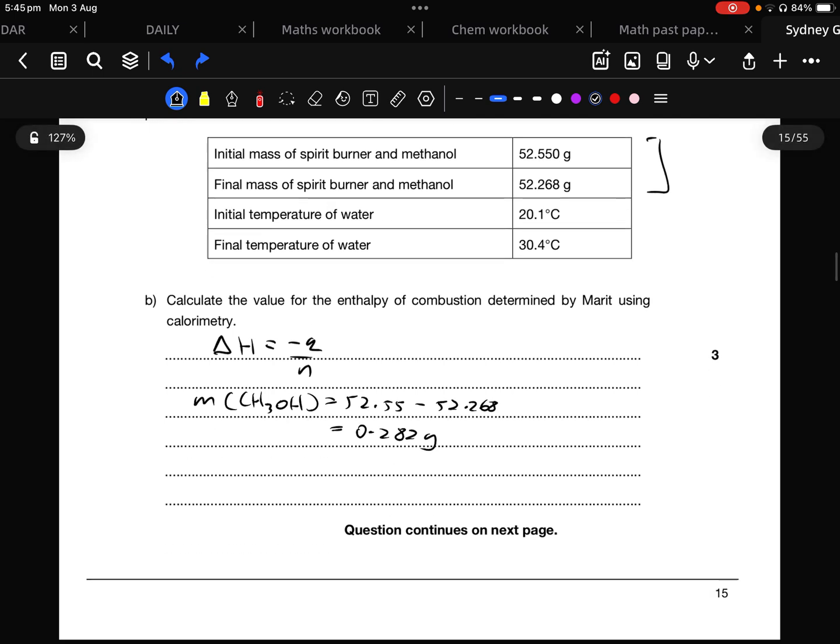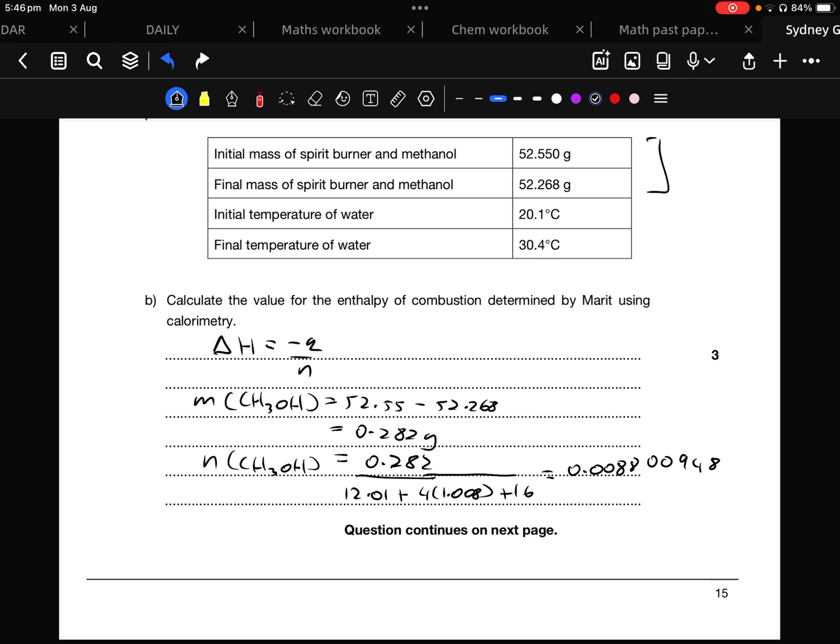We know the formula for getting our moles is moles equals mass over molar mass. This is the amount of moles used.